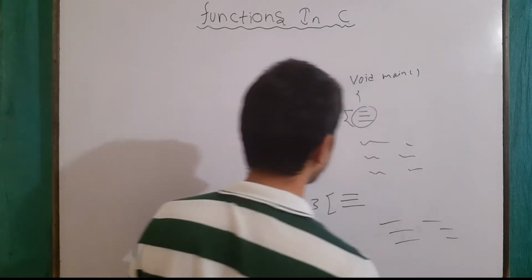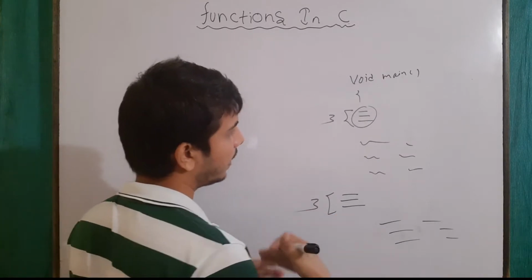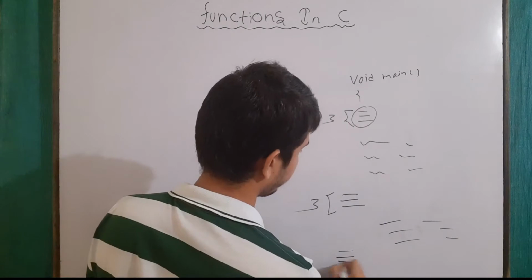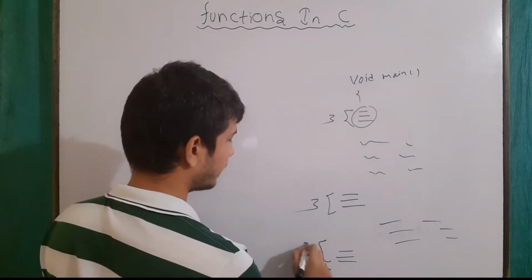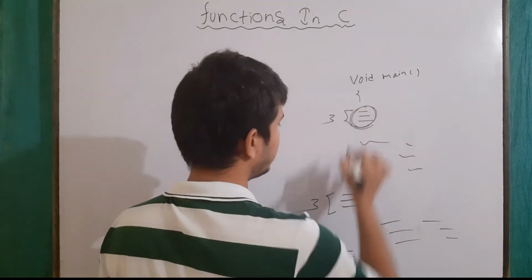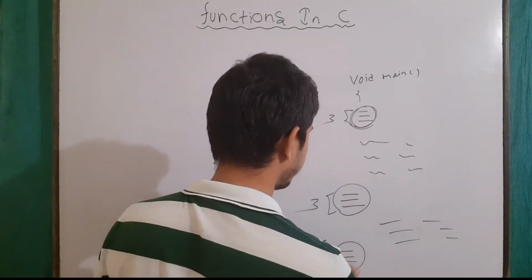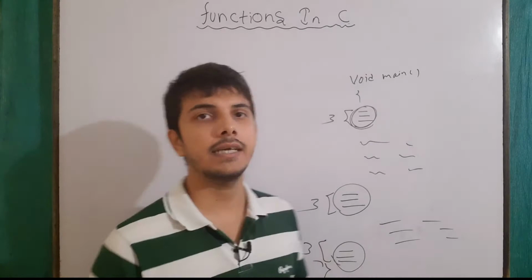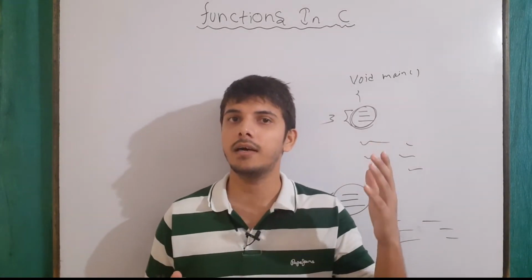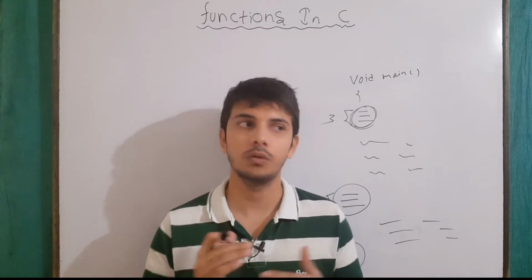Then after some time I again am required to find the area of a triangle, then I again write these 3 lines here. So we see that I am repeating the same piece of statements whenever I require a particular operation, or a particular execution of some code.